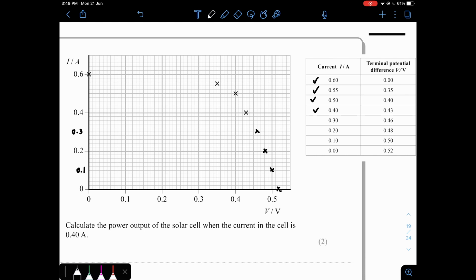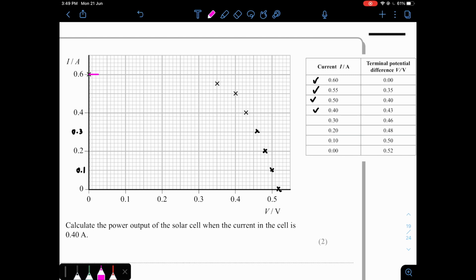Now we have to draw a line of best fit. The line of best fit should usually go across the whole set of points, from the first point all the way to the last point, which includes both of them. I'm going to draw it in purple.